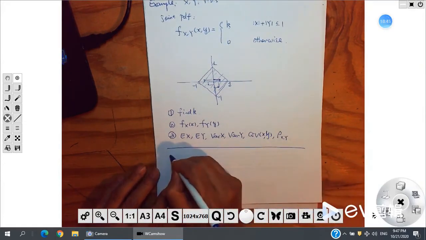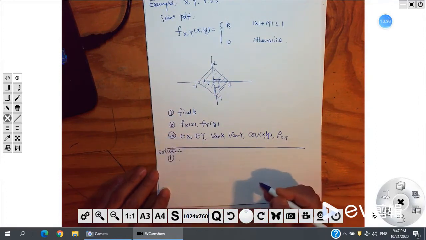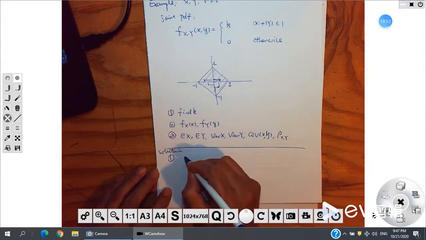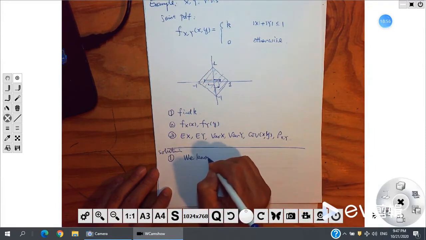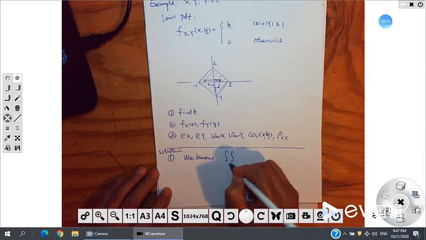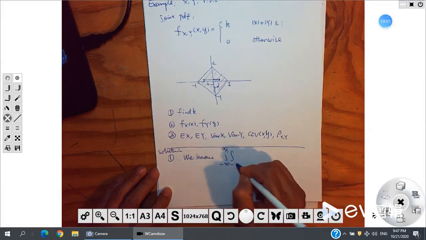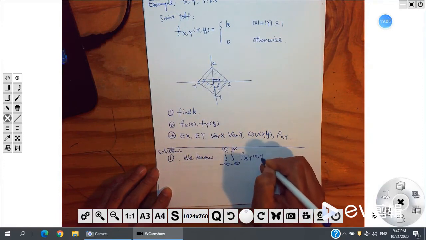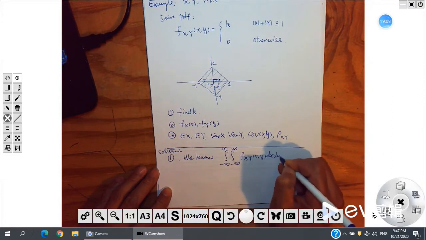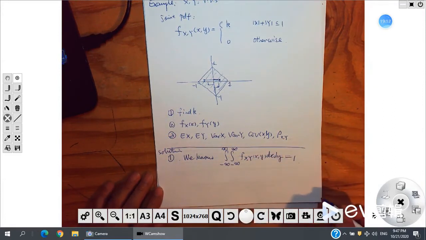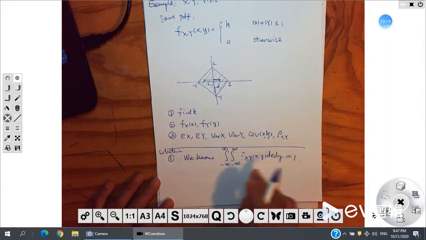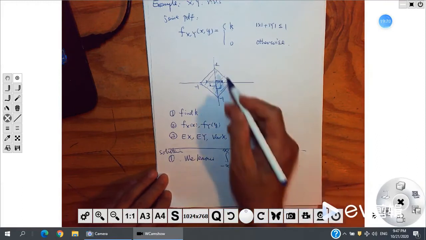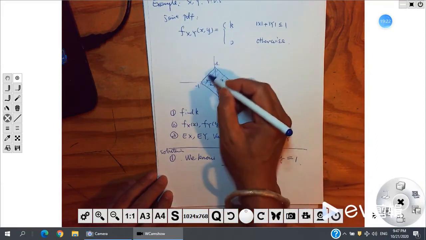Okay, how to do it? For the first one, we want to find k. We know the integral from negative to positive infinity of the density function will be 1, because the overall probability is 100%. Then we need to do the integral in this area.